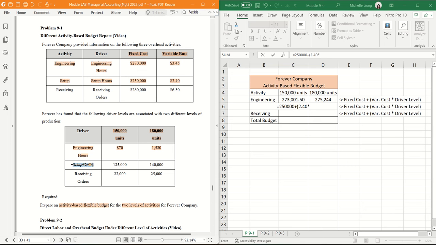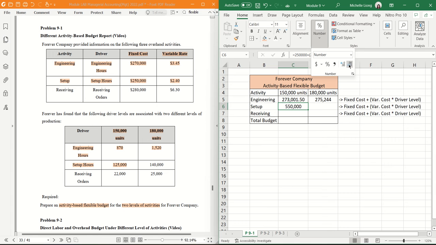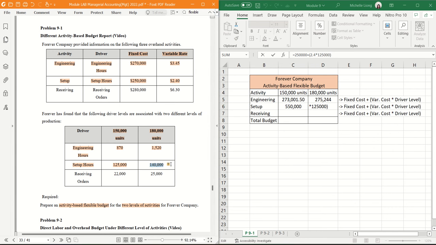Setup hours for 150,000 units is 125,000. Sorry, just put it in. And we got this, and see if we do have decimals or not. Then we copy paste and change it to 140,000 for the driver, and yep, we got it.